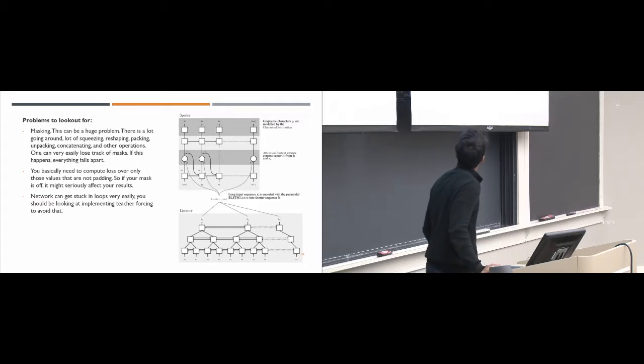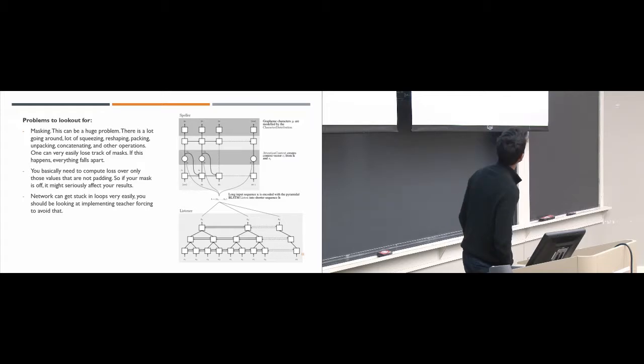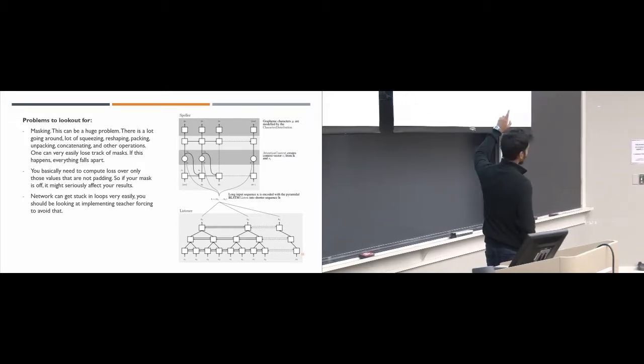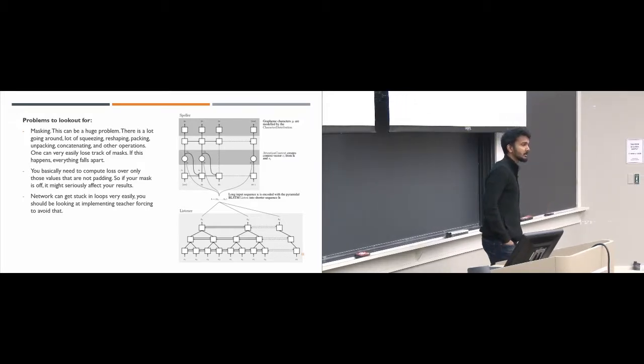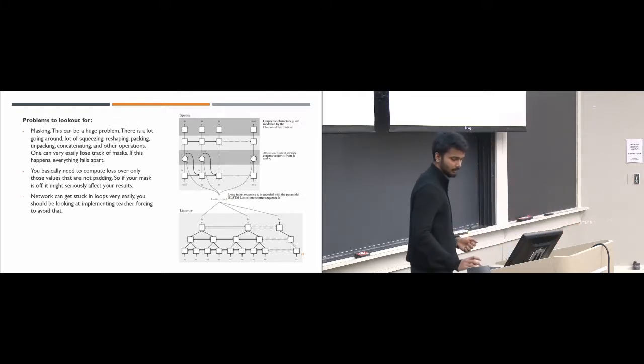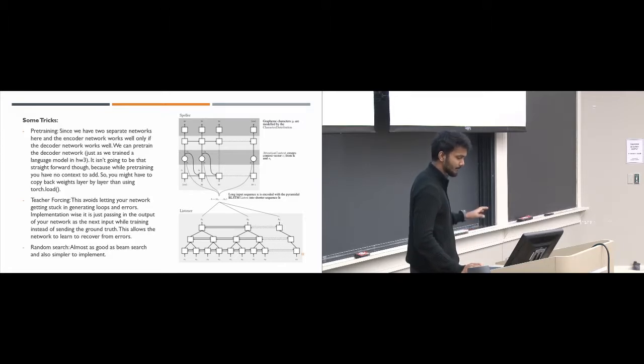Okay, so another thing is we spoke about how to train it, which is really cool. But another problem that you will be encountering in language models is the model getting stuck in predicting loops. Like, you keep predicting errors and you don't ever recover from them. You just keep predicting the wrong things. So you can use a trick called teacher forcing. Yeah, let's start with teacher forcing. So teacher forcing basically helps the network not predict errors.